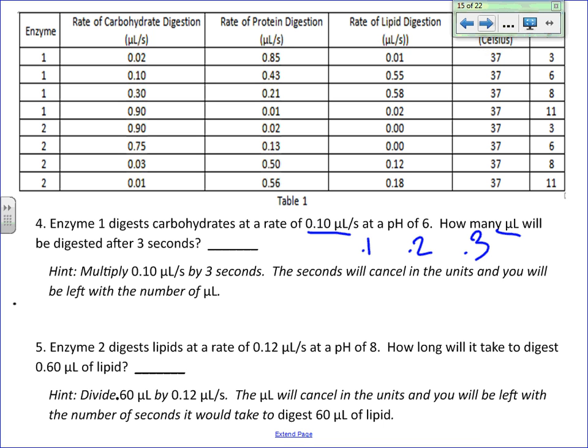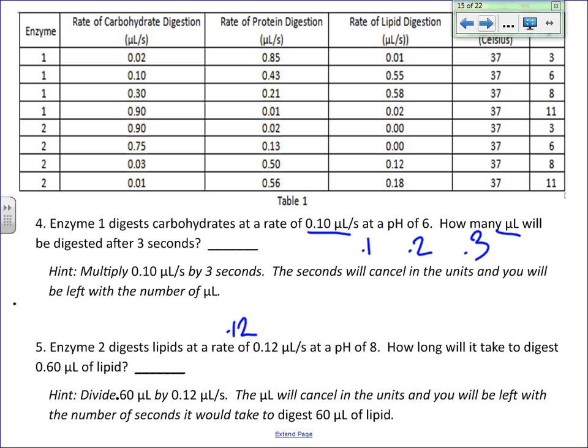Next one. Enzyme 2 digests lipids at a rate of 0.12 microliters per second. How long would it take then to digest 0.6 microliters? This is the same as Jody eating cookies. After 1 second, how many would be digested? If you're digesting 0.12 microliters per second, after 1 second, 0.12.